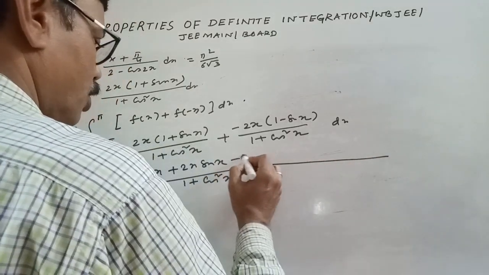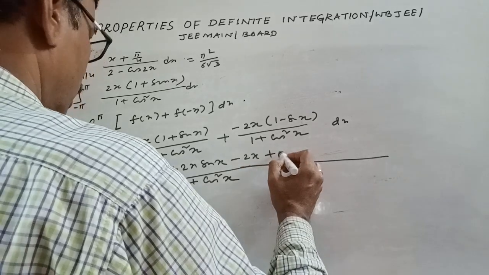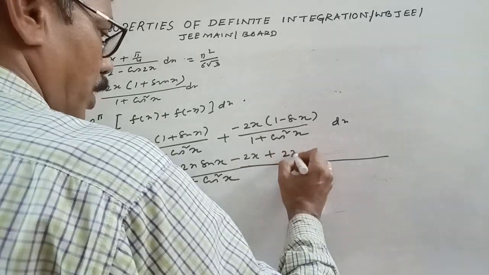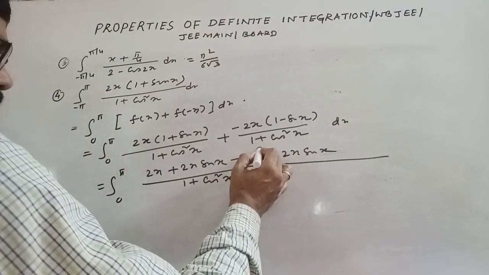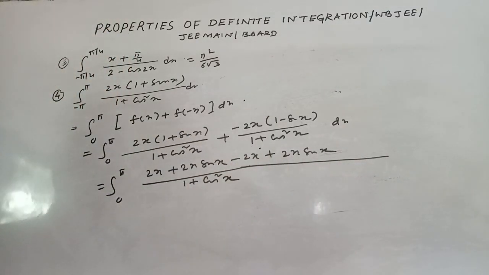Same LCM. So 2x plus 2x sin x, and this is minus 2x plus 2x sin x.